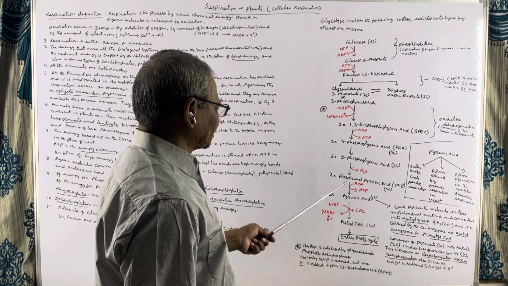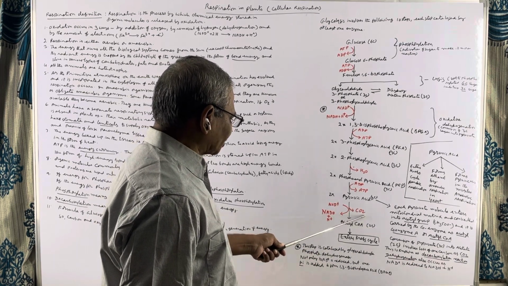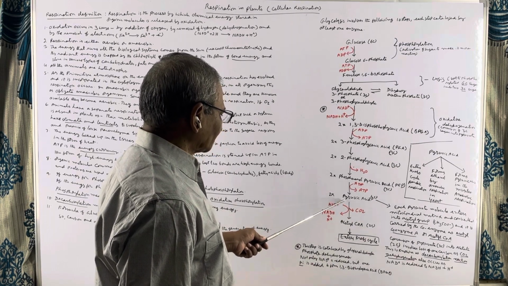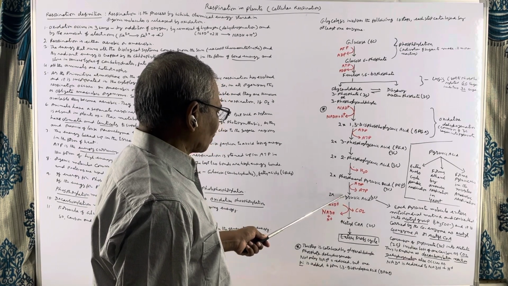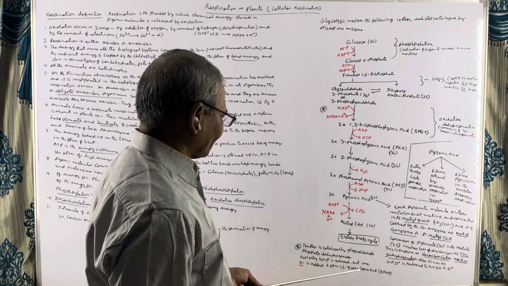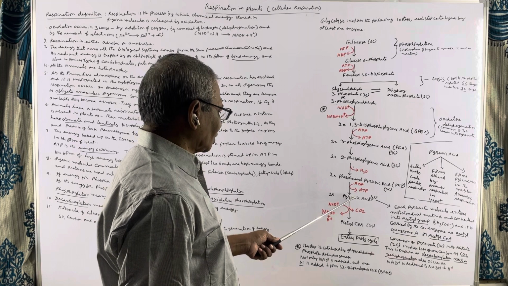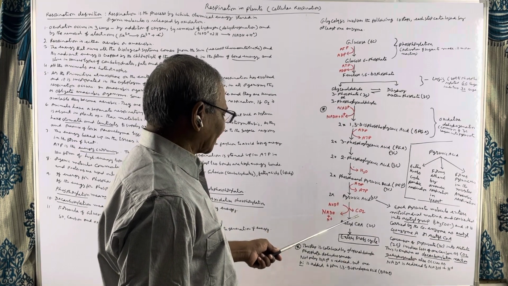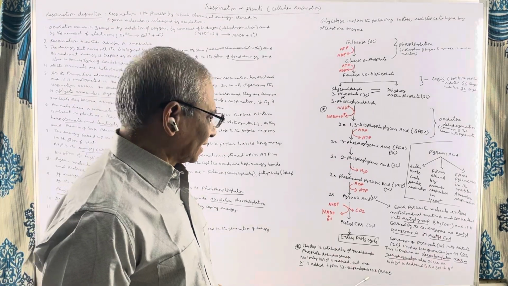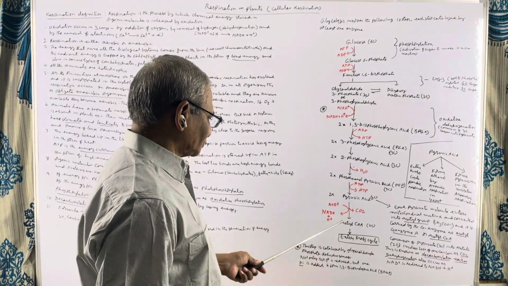During this process, decarboxylation takes place. That means the 3-carbon pyruvic acid becomes 2-carbon acetyl CoA. That means 1 carbon atom is lost, and that is converted into carbon dioxide. This is called decarboxylation.